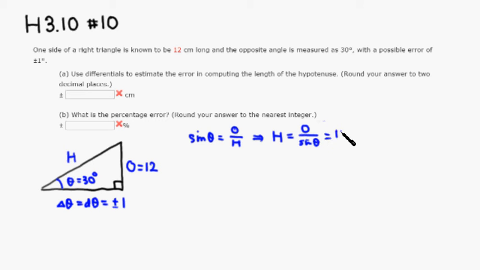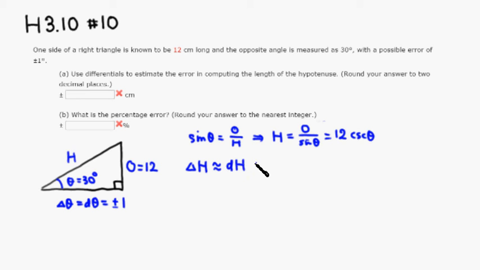Opposite is given to be 12, and the reciprocal of sine is cosecant of theta. We're looking for delta h, which can be approximated by dh.